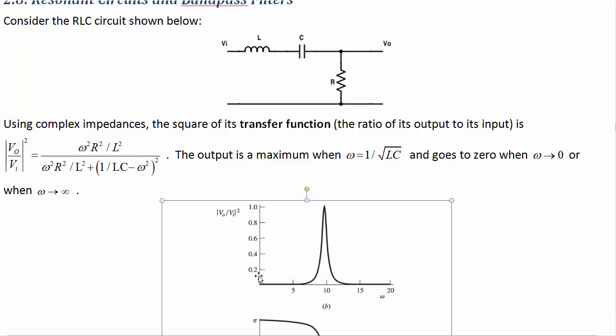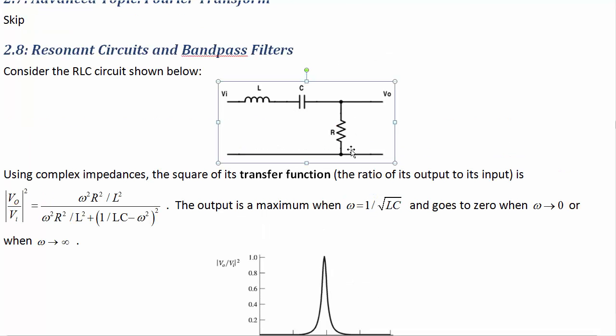Plotting this out, we find that the relative voltage squared, the square of the transfer function, is 0 at the beginning, 0 at the end, and then somewhere in the middle, it reaches a maximum. This middle point is called the resonant frequency. It turns out that it's at 1/root LC. It depends on both the value of the inductor and the capacitor, but not actually on the value of the resistor. We'll see what that does in a minute.